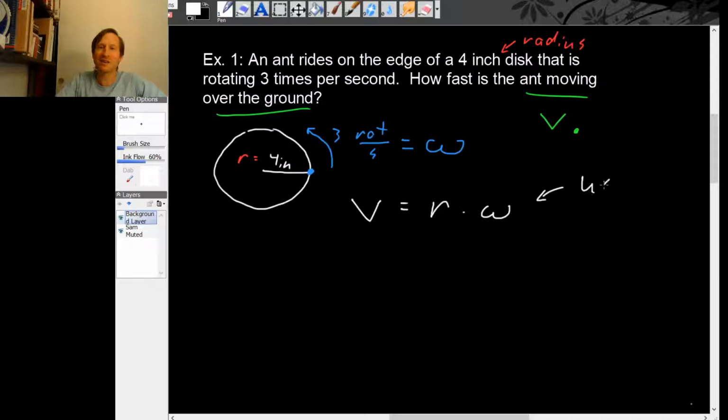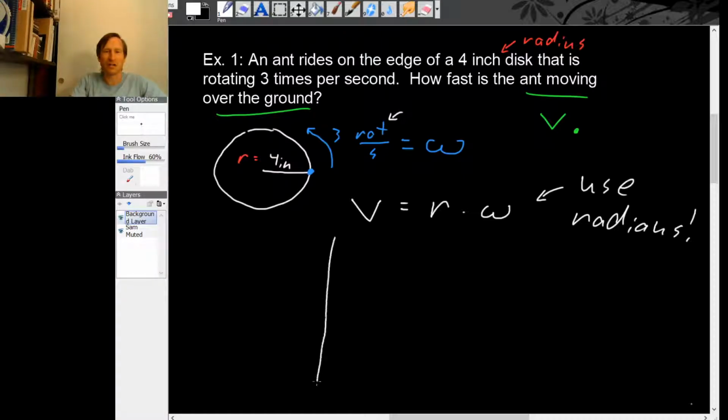We must be using radians to use this equation. So right now we aren't using radians because we're measuring this angular speed in rotations per second and not radians per second. So before we can use this equation, we need to convert omega to radians per second.